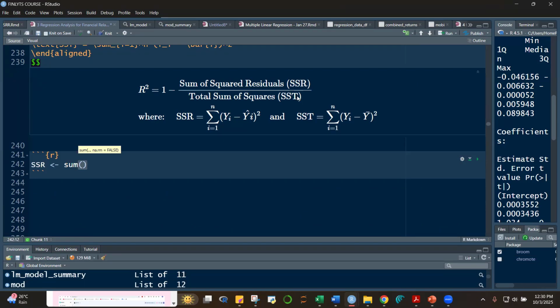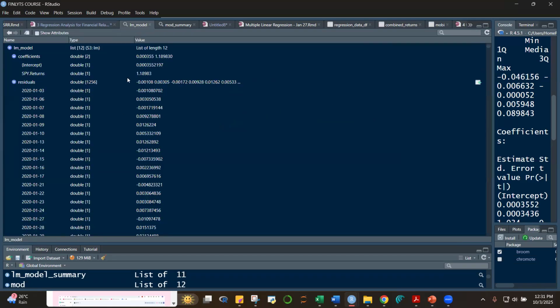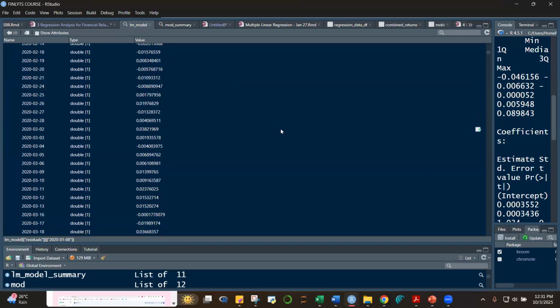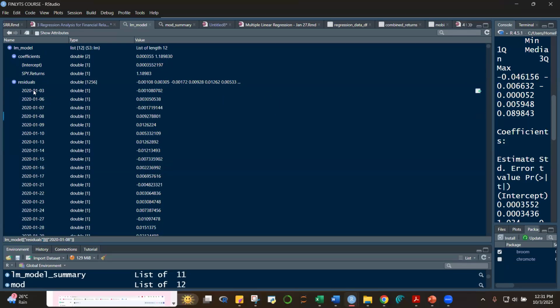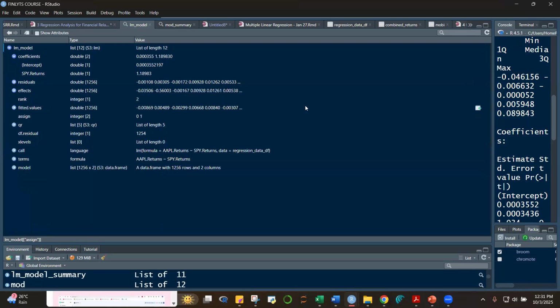Everything can be obtained from your LM model, class. If you take a look at our LM model, class, what are these? Intercept. These are your residuals, class.